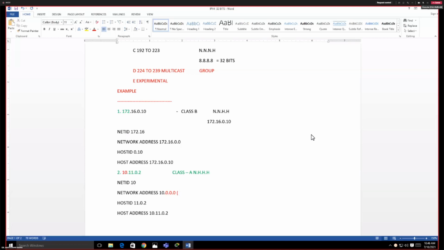Okay, so please remember one thing. As per the rule, in the network address, the host portion should be set to 0.